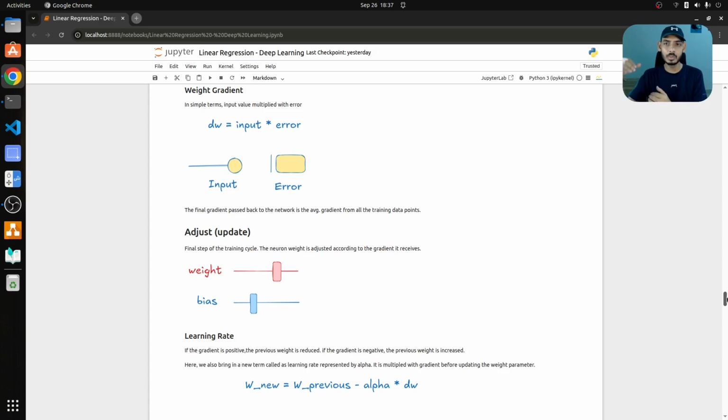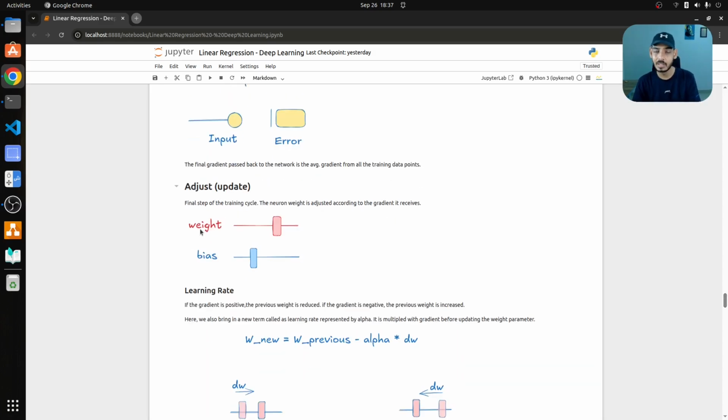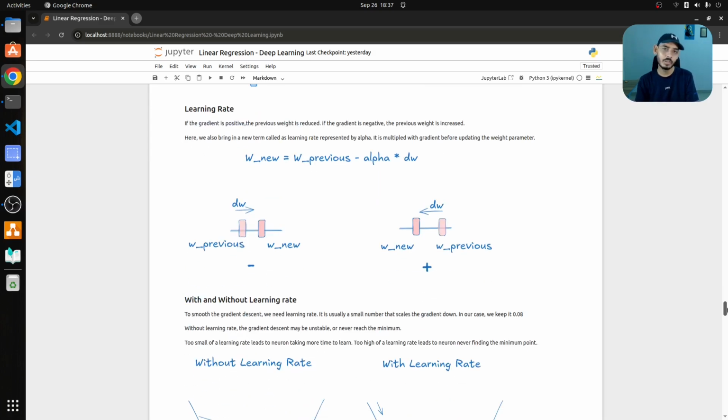For all the training points, we'll be calculating dW, and we'll find the average value, and that is your final gradient value that needs to be applied to the existing weight. That's called the adjust step or update step, and this is the final step of the training cycle. While we are doing that, we also have to include the learning rate, which will help you stabilize the flow of the gradient descent.